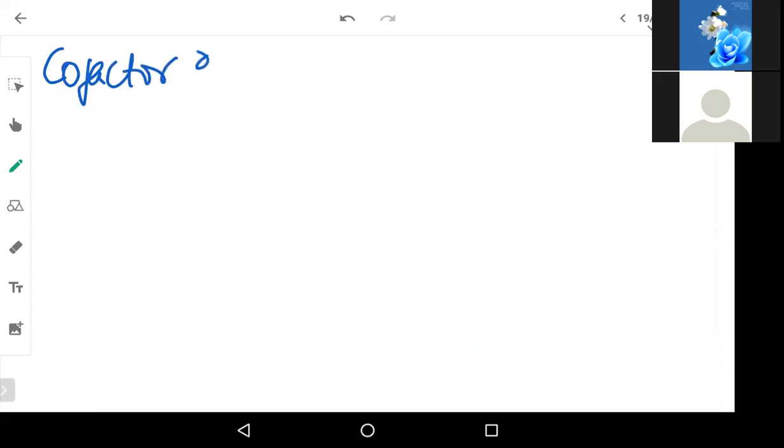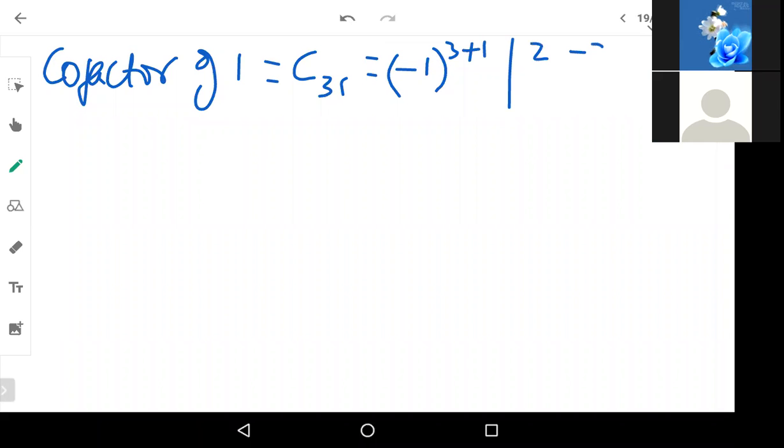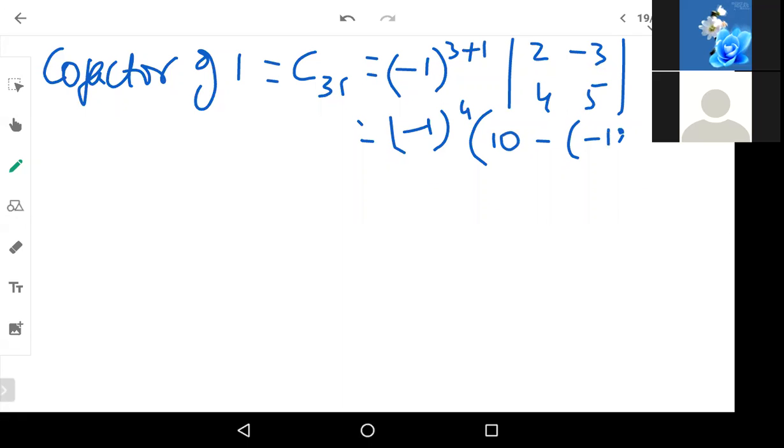Now last row, cofactor of 1, that is third row, first column. So minus 1 to the power 3 plus 1. What will be the minor? 2 minus 3, 4, 5. So minus 1 to the power 4 into 2 5s are 10, minus of 3 4s are minus 12.